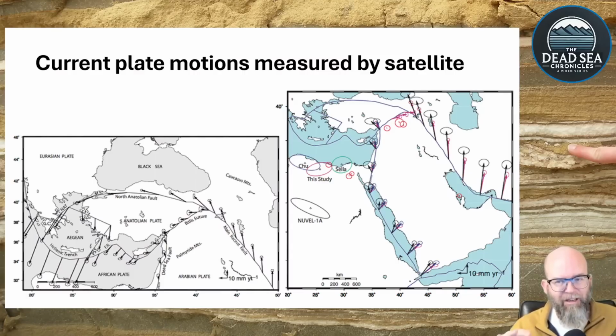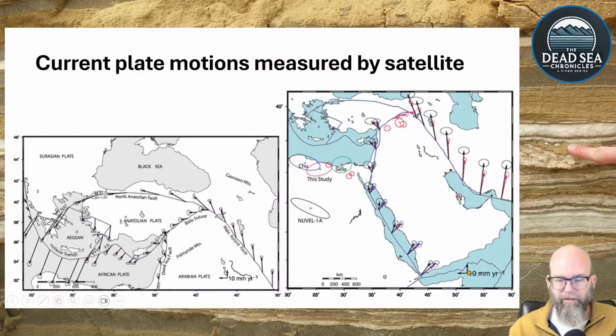Some are near standstill and everyone else is pushing around them, but most of the plates are moving in some direction, and these arrows indicate the direction in which, in this case, the Arabian plate is moving. And the length of the arrow indicates the amount of motion.